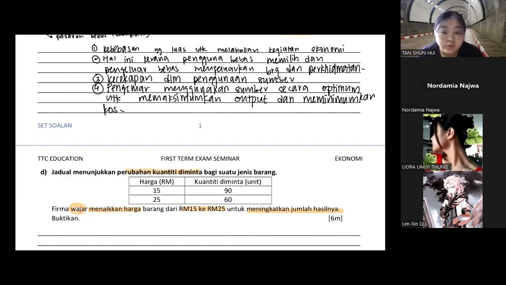Demand increase? No. Where got demand increase? Permintaan is what? Price increases, quantity reduces. So you see, at 15 ringgit, quantity is 90. At a price of 25, quantity is 60. So they ask you to prove that when I sell at the price 25, I will earn more money. So how are you going to prove that they earn more or earn less?